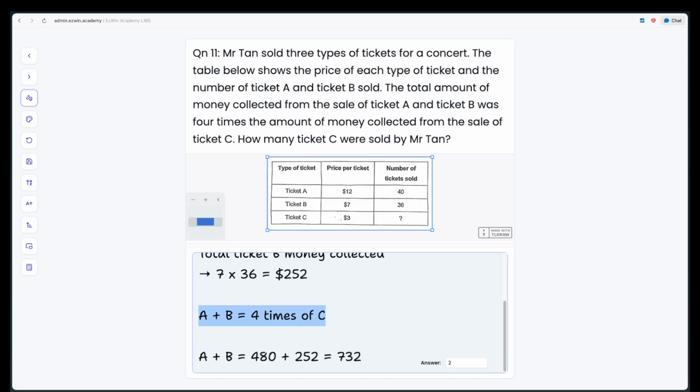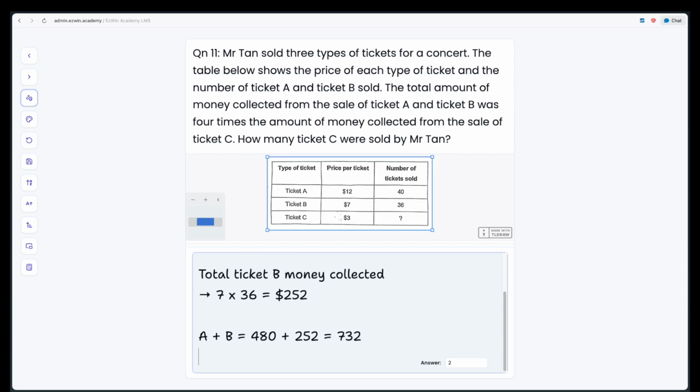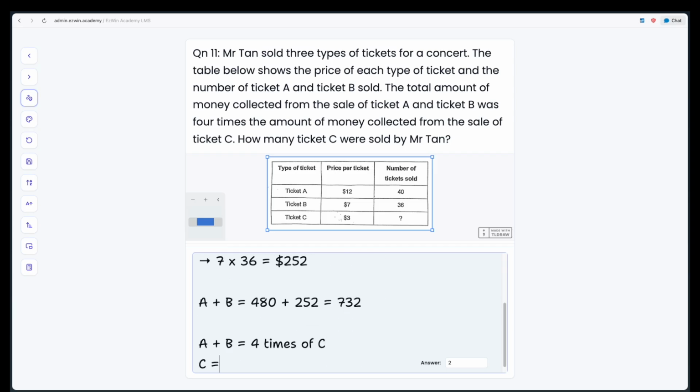So we know that A plus B is 4 times C, so C is equal to A plus B, and then we divide it by 4.